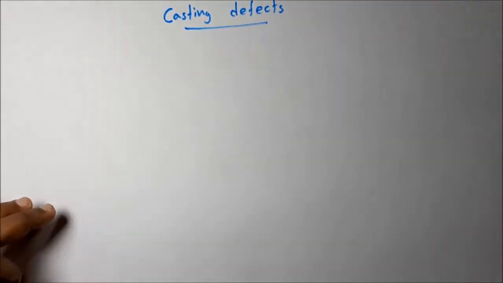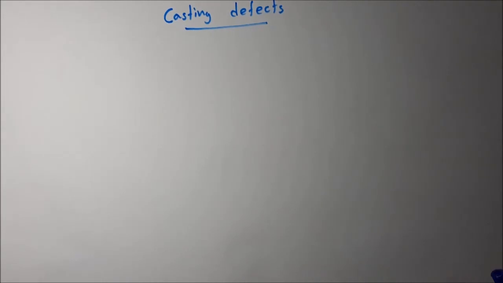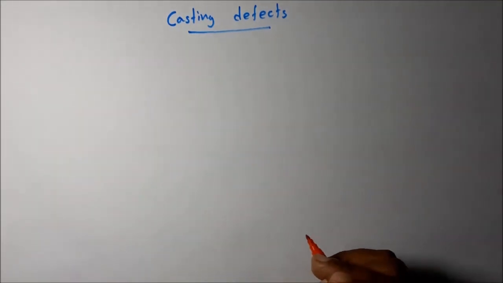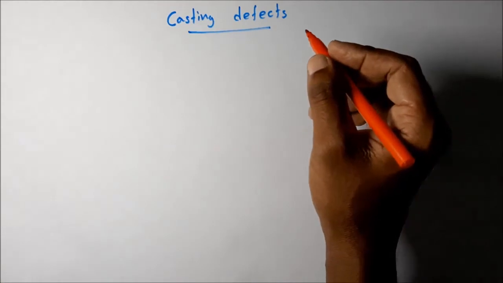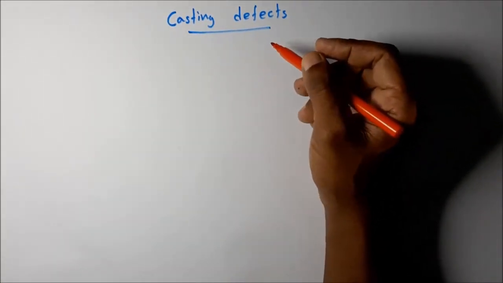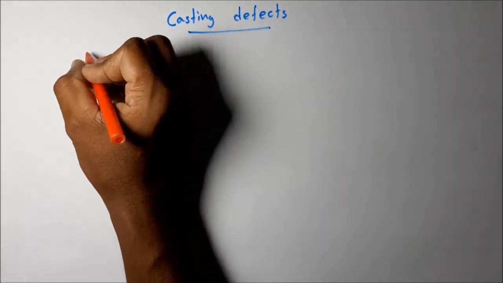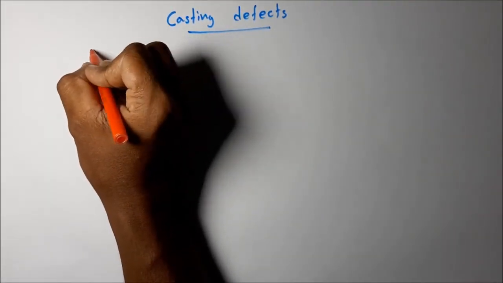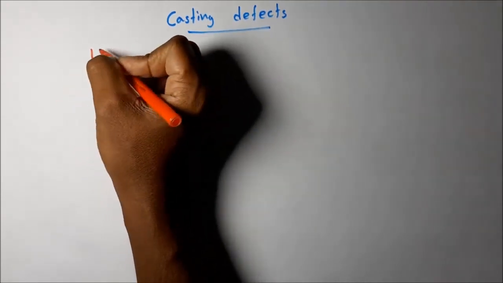Any manufacturing process is associated with defects. Here we are classifying these casting defects as common casting defects and also casting defects common for sand casting. First of all, we are going to discuss common casting defects. First one, the misrun.